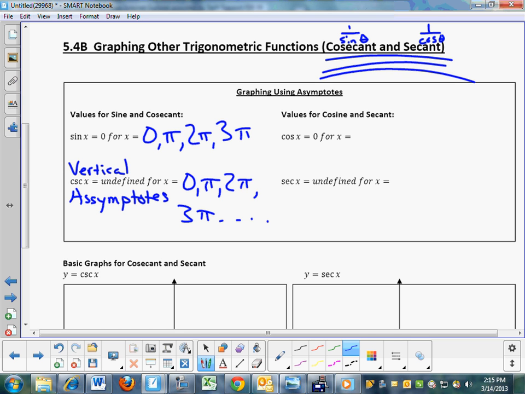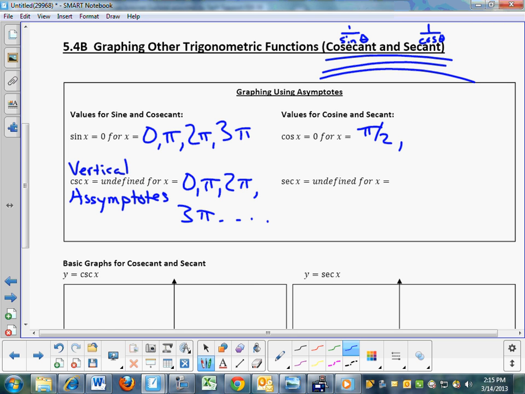Okay, cosine. Where's cosine equal to 0? Well, what's the cosine of 0? Come on, trig genius. Nope, cosine of 0 is 1. Cosine of pi over 2 is 0. They're all on your unit circle basic sheet, your graphic organizer that you got. It's all sitting right there. The more you can just remember it, the better off you'll be. So cosine is 1 at 0 and 0 at pi over 2.